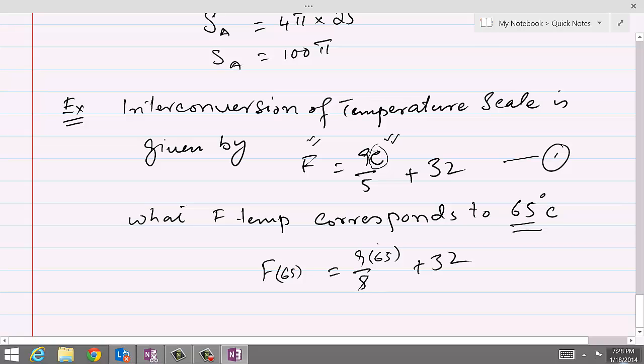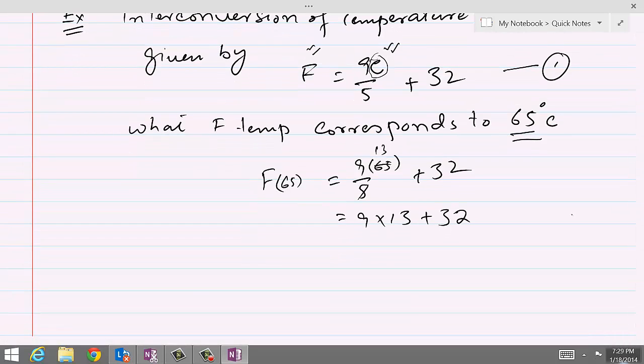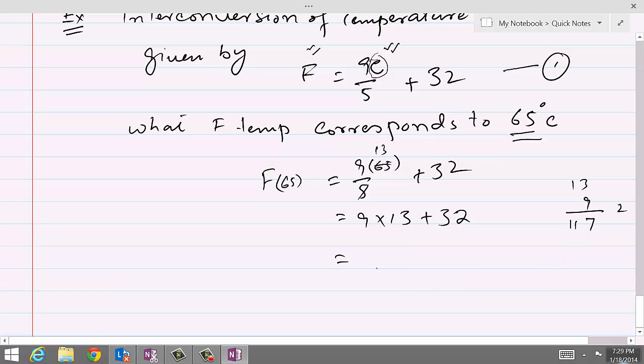And if we simplify, 5 one time and 5 thirteen times, we get 9 times 13 plus 32, that will give us the temperature. 13 times 9 is 117, plus 32, that would give us 149.